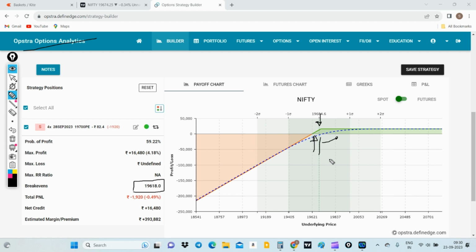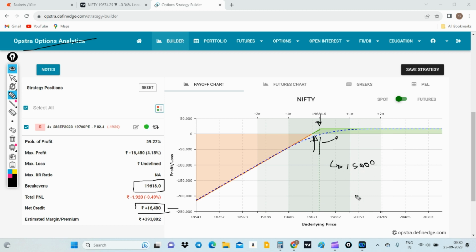Beyond 19,700 I will gain the maximum profit, which is 16,400. You need not add the far out of the money option; that is just for the margin reduction required. That will cost you around maybe 1,500, so you can subtract that amount from the 16,500. So the overall profit will be about 15,000.